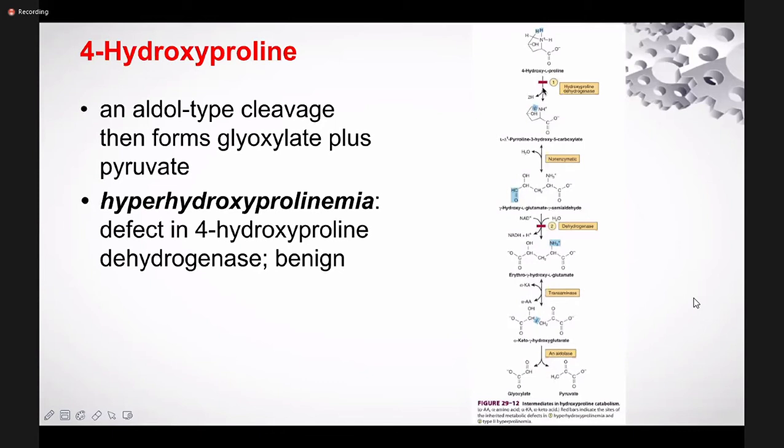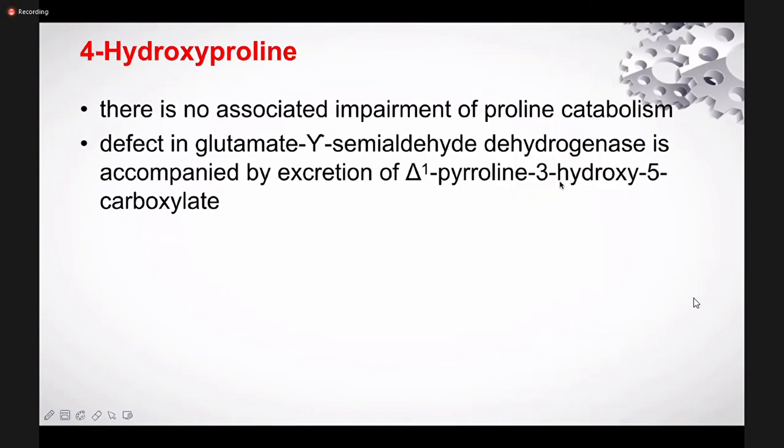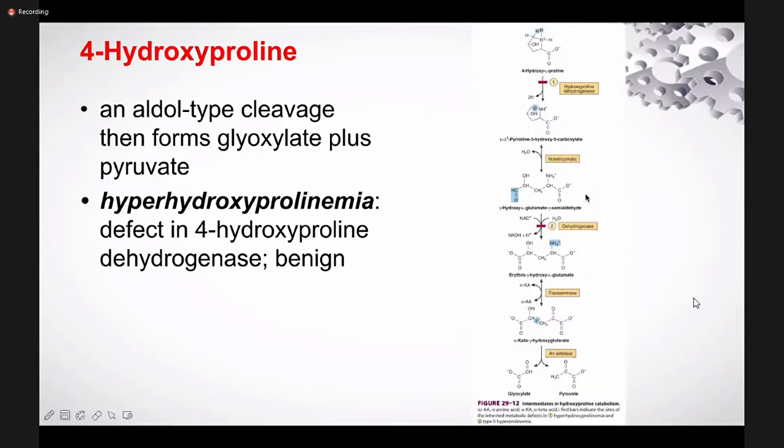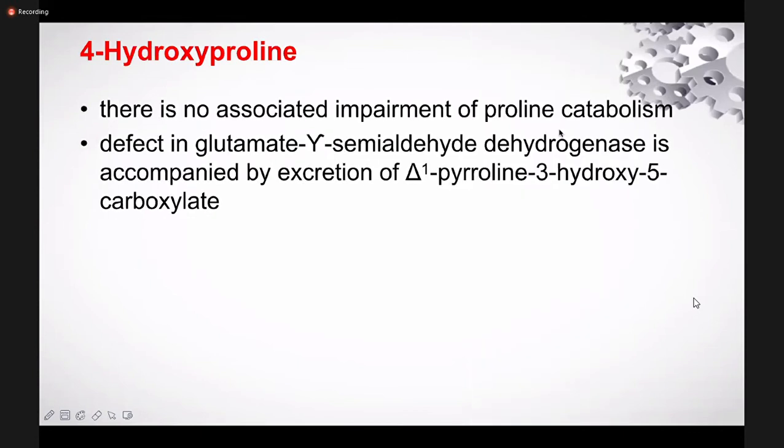This is just benign, so there is no associated impairment of proline catabolism. A defect in glutamate semialdehyde dehydrogenase is accompanied by excretion of pyrroline hydroxy 5-carboxylate. Because if there is a defect in the enzyme, the previous metabolite builds up, so what is excreted is the pyrroline hydroxycarboxylate.